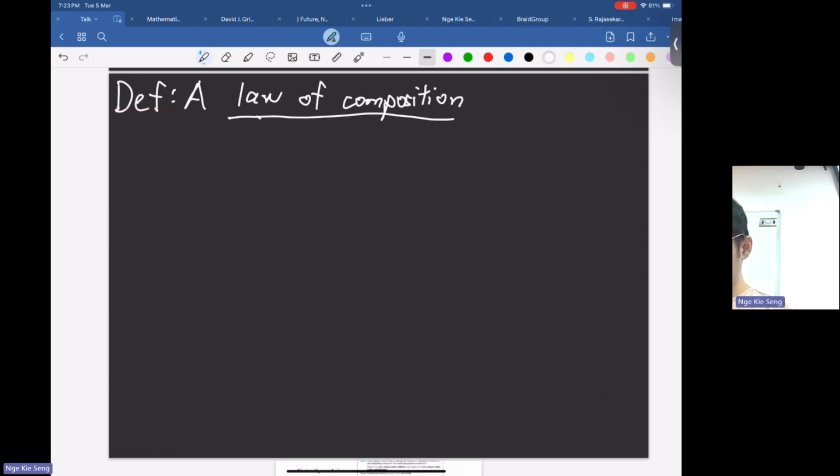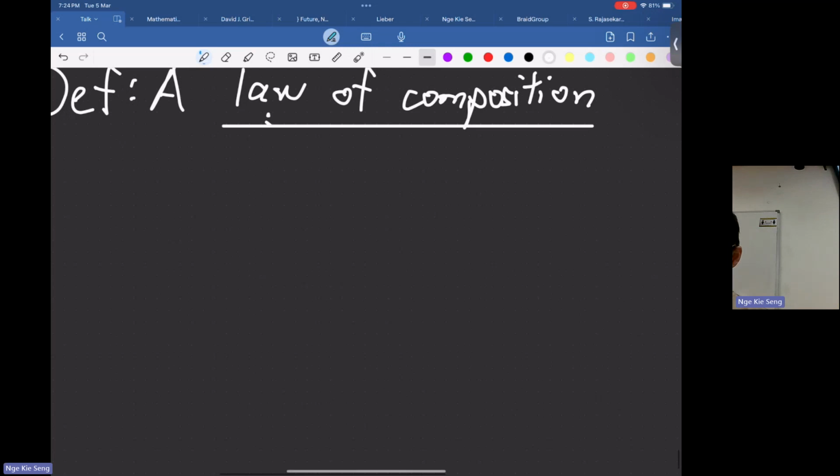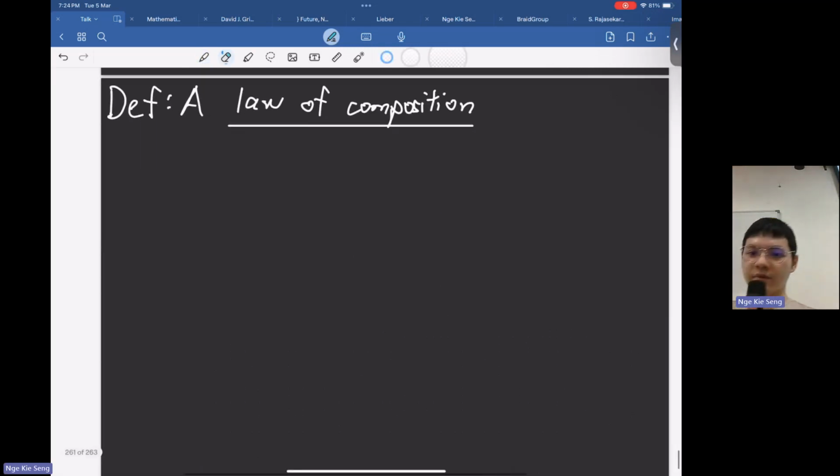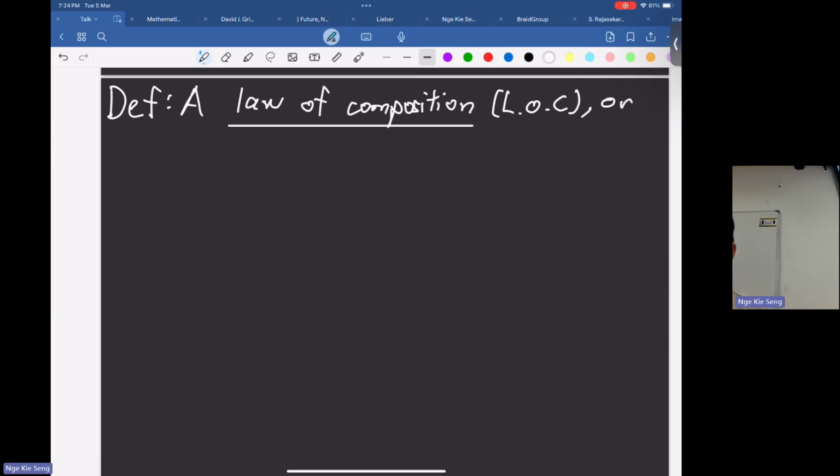Now we will enter the part of group theory. I will use group theory to construct vector space for you, and then I'll show you some properties of vector space. So let's define the law of composition, sometimes called LLC, or sometimes a binary operation.